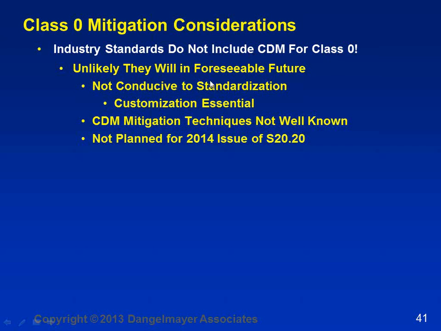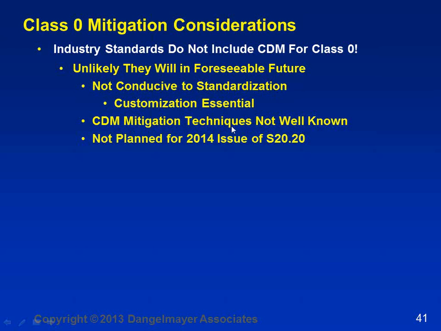For instance, the surface resistance is an excellent way of controlling and preventing damage. It's also unlikely that standards will include Class 0 countermeasures in the future. The reason for that is that there is invariably a high level of customization for extreme sensitivities. Therefore, it just does not lend itself to standardization.